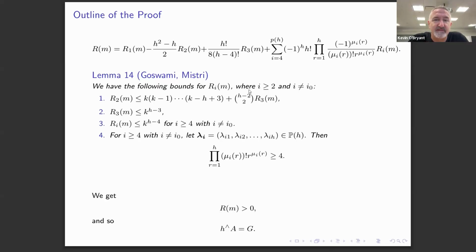Can you see my screen? I can see the outline of the proof slide, but I think that's not the slide that you're trying to show me. Can you see the main result slide?